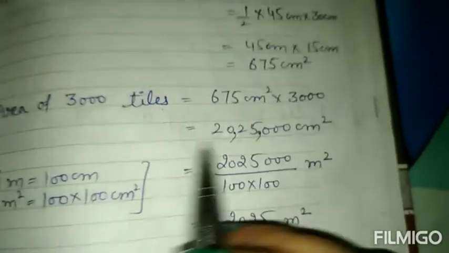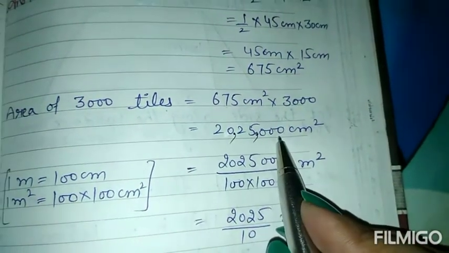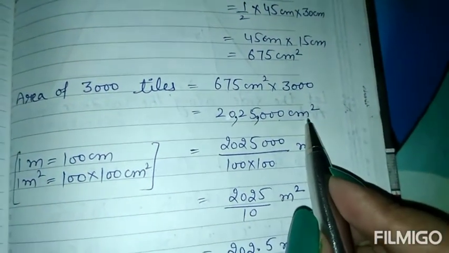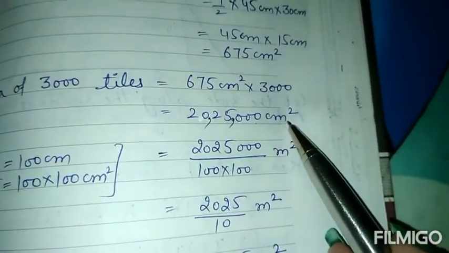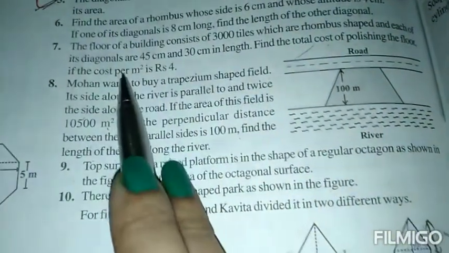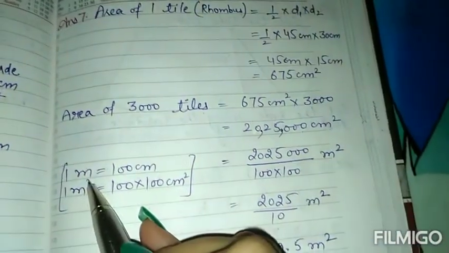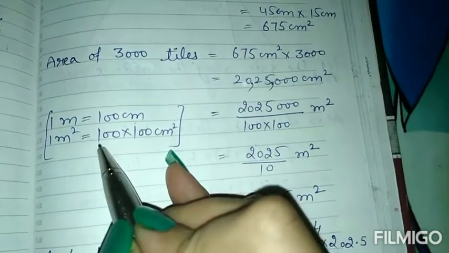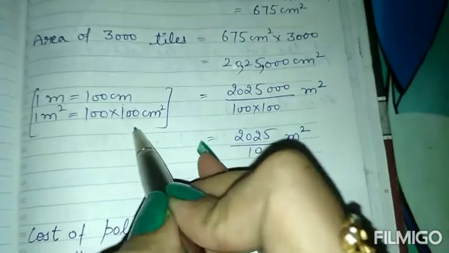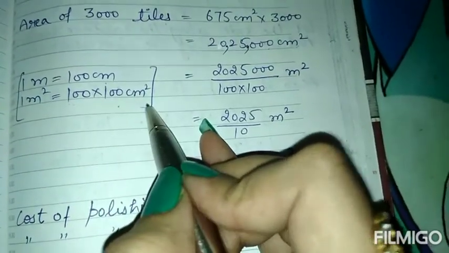It will become 20,25,000 centimeter square. Now we have to change it into meter square because cost of flooring is given in per meter square. So in 1 meter there are 100 centimeters and in 1 meter square there are 100 into 100 centimeter square means 10,000 centimeter square.